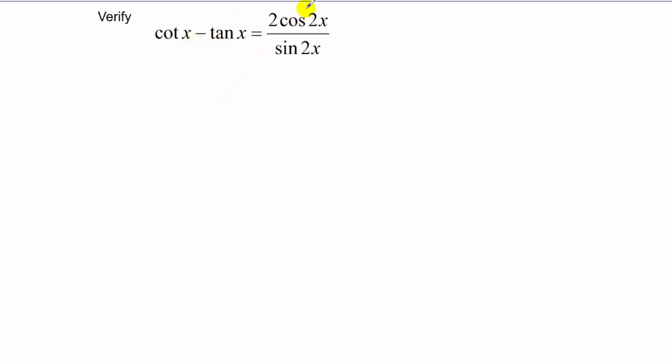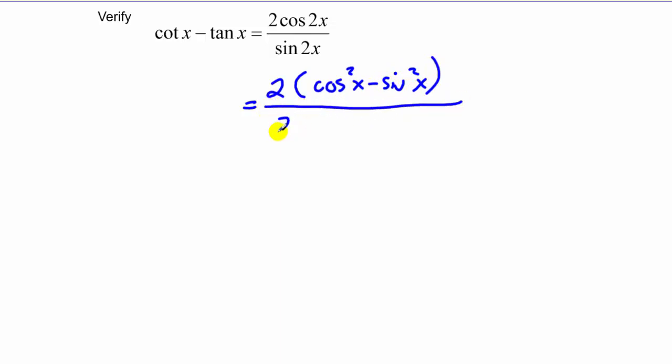I think there's a lot more to the right side even though it looks simpler than the left side, so I'm going to go ahead and do that. And I'm going to need two terms and a difference. So this is 2 times the cosine squared of x minus the sine squared of x over 2 sine of x cosine of x.